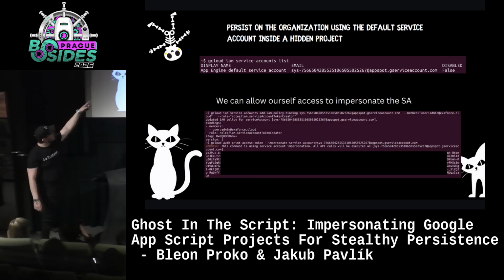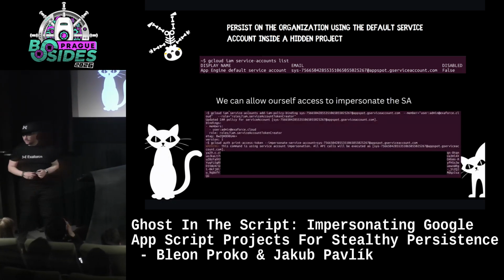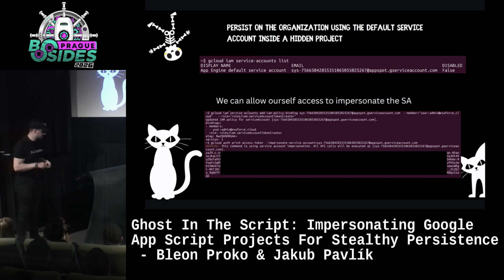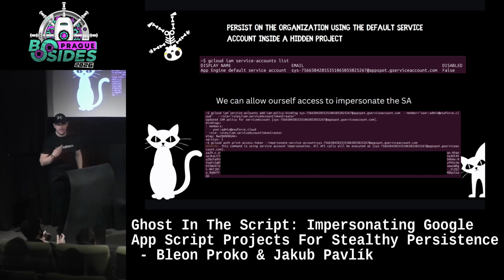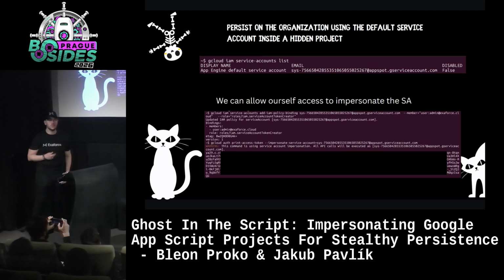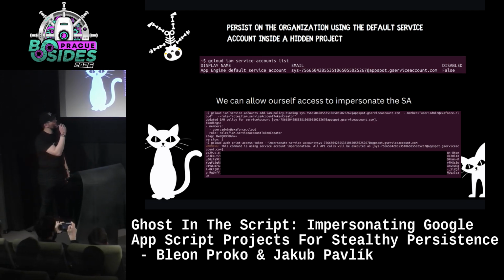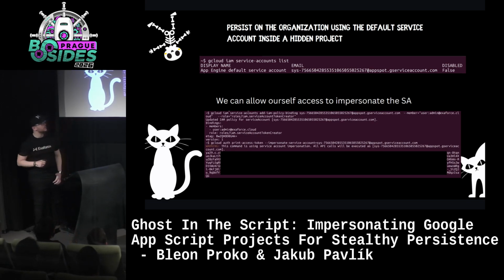Another thing that I noticed while I was doing the test was that whenever a specific upscript project is created, there is a service account by default added to the project. It's controlled by AWS, or technically controlled by AWS.